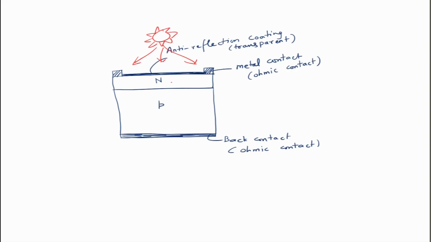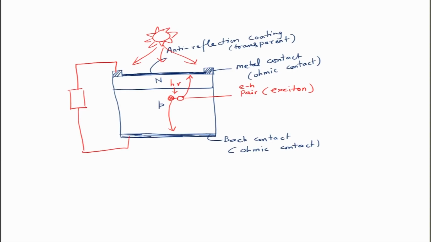So, the photon h nu will give rise to an electron and a hole pair, which is called an exciton. This exciton dissociates, and this one will travel to this side, this one will travel to this side, and this is connected to, let us say, an external load, some RL. Okay.